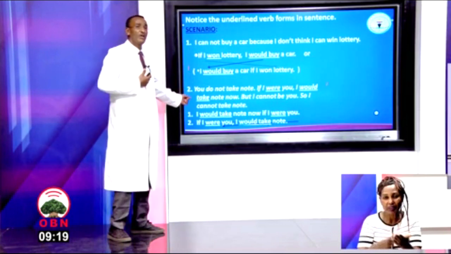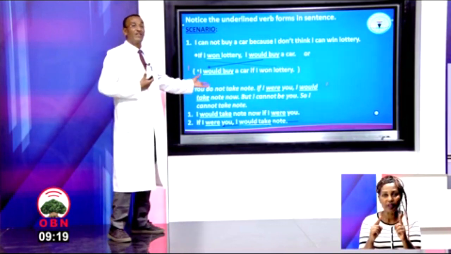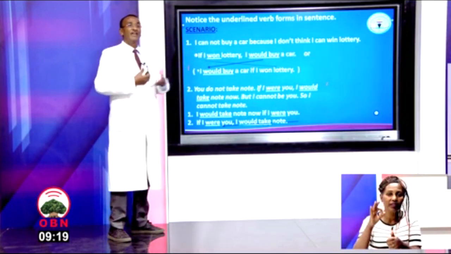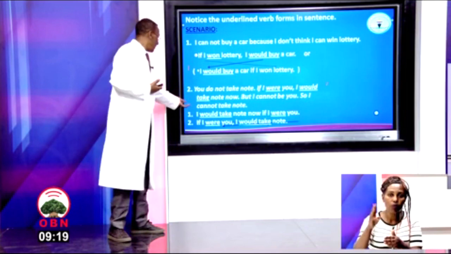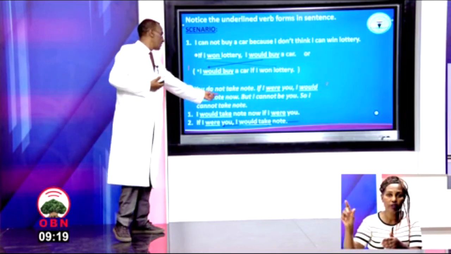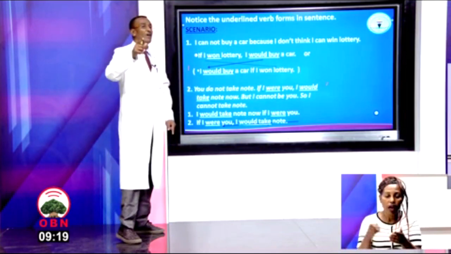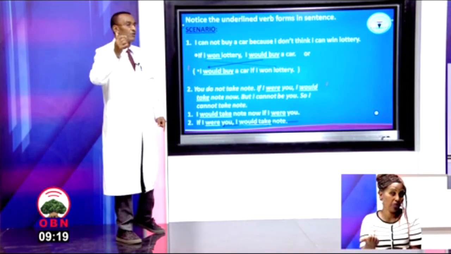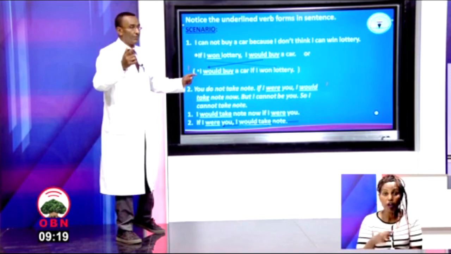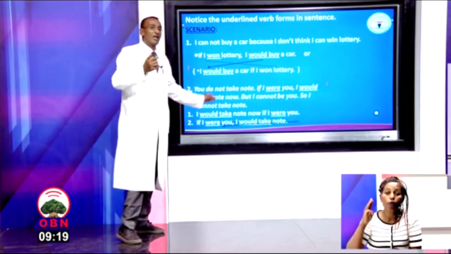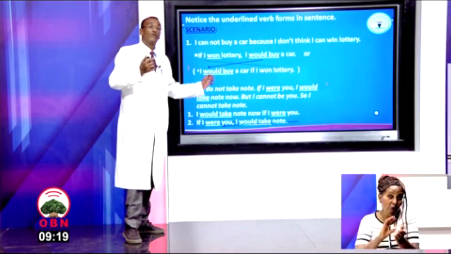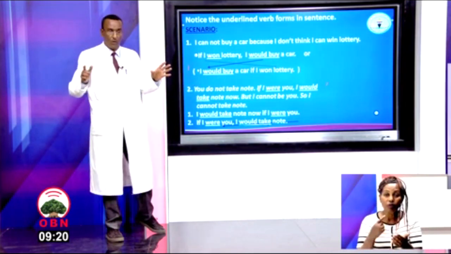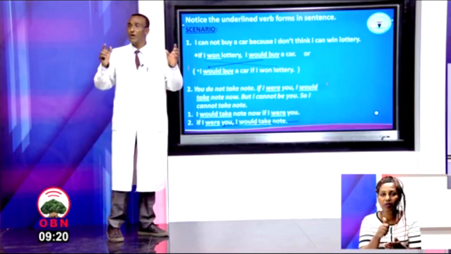That's why we use simple past in the if clause and also would with verb 1 in the result clause. Look, I would take notes now if I were you. Not if I am you, not if I was you, if I were you. This is an exceptional rule for if clauses when conditions are not real, when they are not true, when they don't seem to happen.